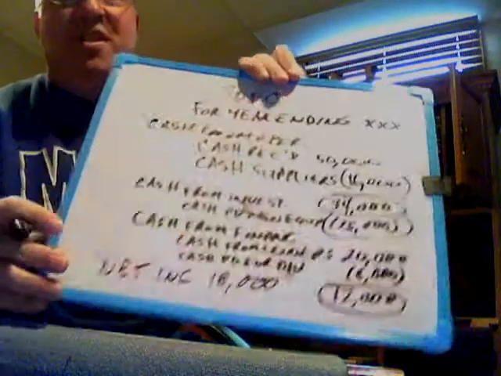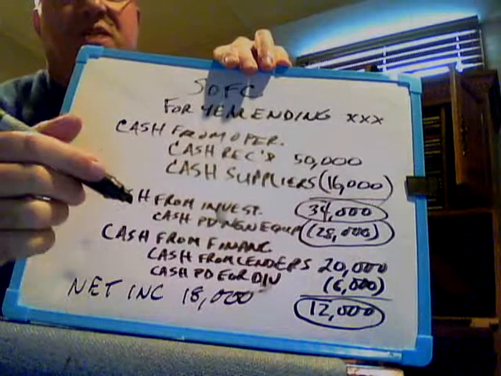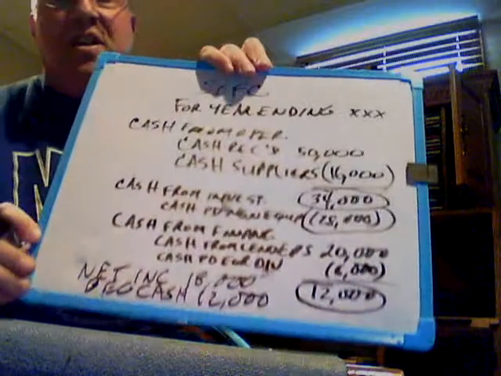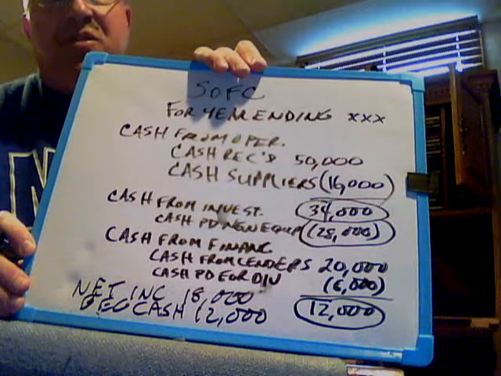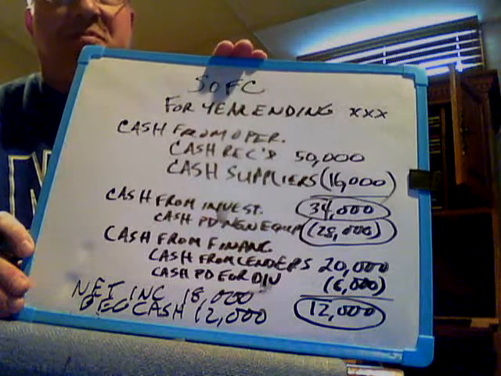And again, I'm not showing you perfect format here because of the space limitation, but the net increase of 18,000 then gets added to the beginning cash, which happened to be 12,000 also, and that's how you ended up with an ending cash balance of 30,000 for that problem.